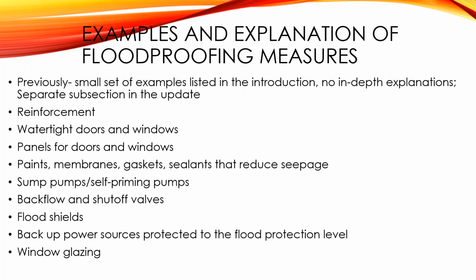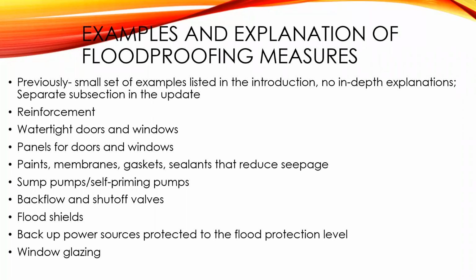So this is just kind of a list of examples of stuff that is implemented on either the existing or the new structure to make it dry flood proof, so that you can reinforce the walls, make sure those are strong enough to resist the flood loads, the watertight doors and windows. There's all these paints and membranes, sealants and water resistant stuff like that to try to reduce seepage. You have to have sump pumps.